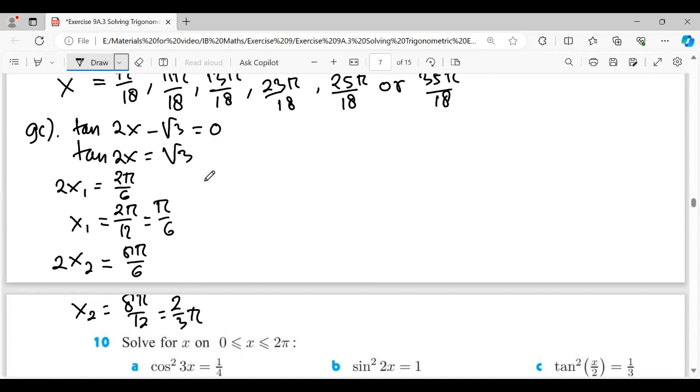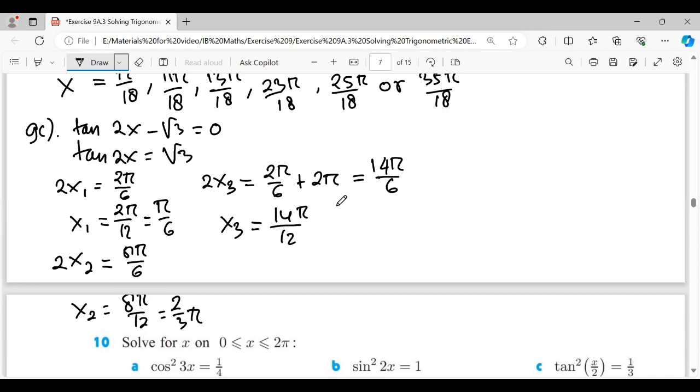Now x3, 2x3 is 2 pi over 6 plus 2 pi, 14 pi over 6. So x3 is 14 pi over 12, 7 pi over 6.